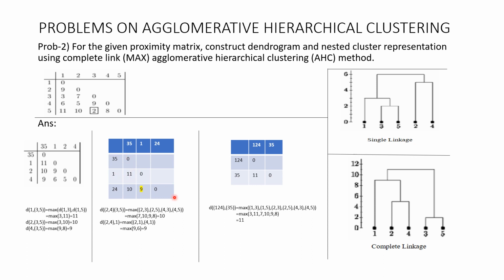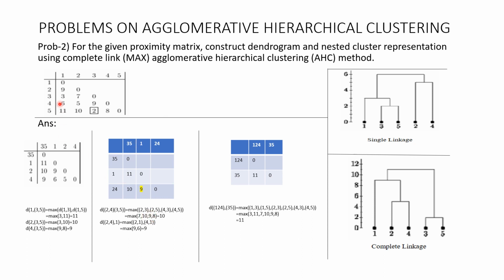Do the same thing. Diagonally put the zeros. Then 1 to 3, 5 is the same here. It is already calculated, 11. No need to calculate. Now you have to calculate the distance from 2, 4 to 3, 5. How will you calculate? Because we have to use complete link, or max link, the distance from 2, 4 to 3, 5 is the max of 2 to 3, 2 to 5, 4 to 3, or 4 to 5.